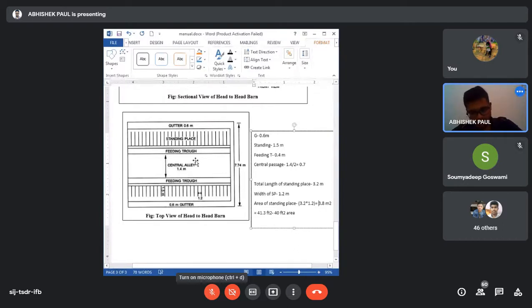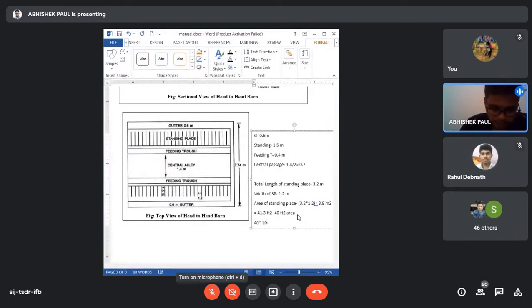So for one cow, you need 40 feet square area. Now, if you want to construct the building for 10 cow, then how much area is required? Suppose 40 into 10. For 10 number of cow, you want to make the house.